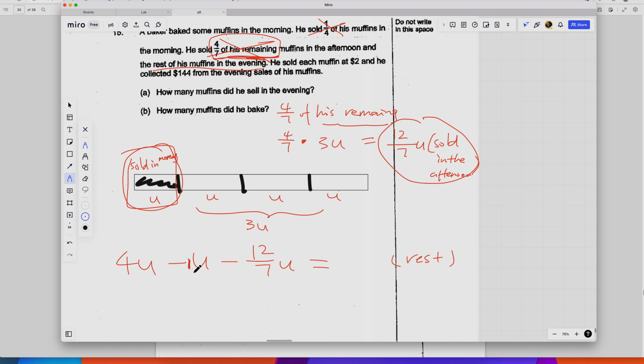So 4 minus 1 minus 12 over 7 is 9 over 7. So the answer is 9 over 7 u rest, left. This rest is actually in the evening, so I should write here, in the evening.